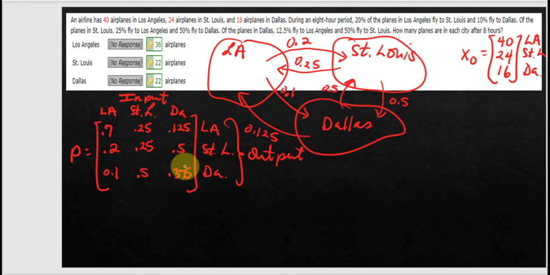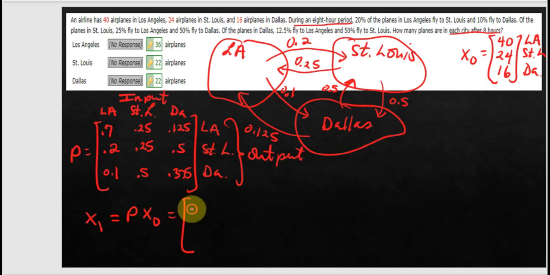And so then it says how many planes are in each city after 8 hours. Well, the whole time frame is an 8-hour period. Right? It says during an 8-hour period. That's what you start with, and that's what you end with. So that's just the next state, which is equal to P times X naught.